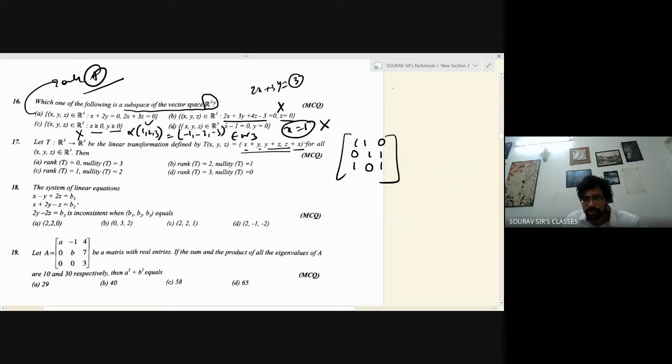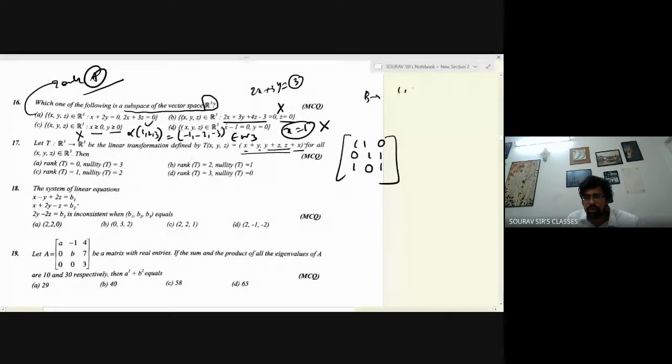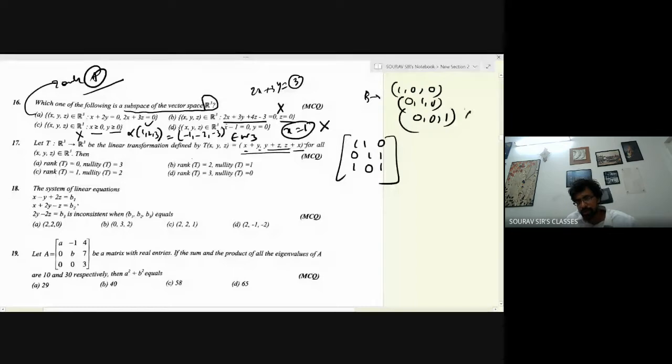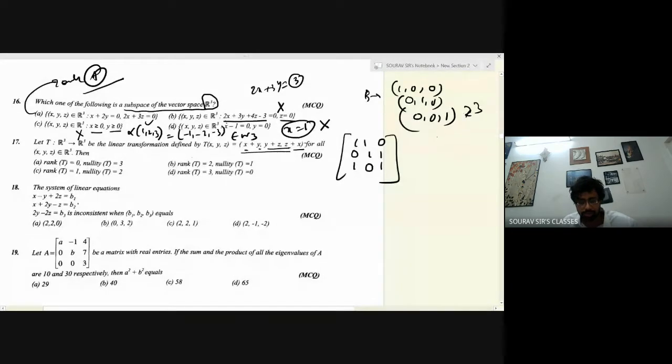What is the standard basis? 1, 0, 0. So if we take the standard basis on a three-dimensional real plane, the T of 1, 0, 0, how you can represent it? Or 0, 1, 0 or 0, 0, 1. This can also be represented in a very similar way.